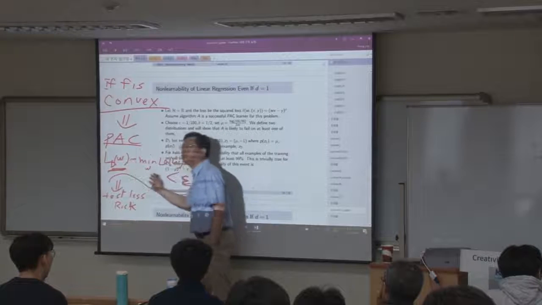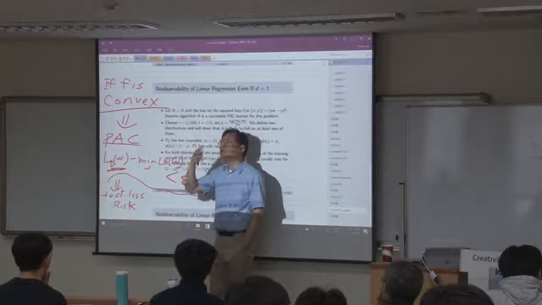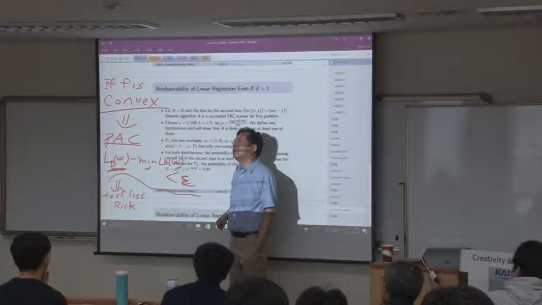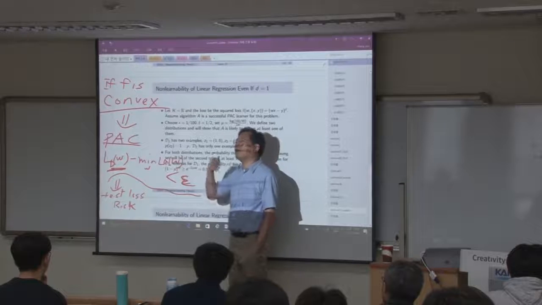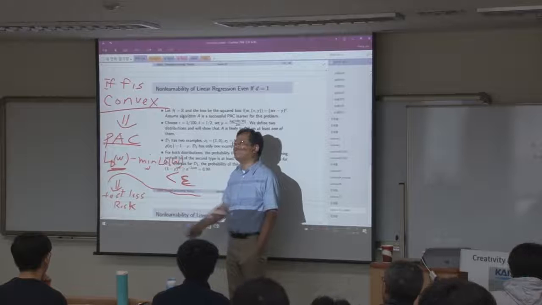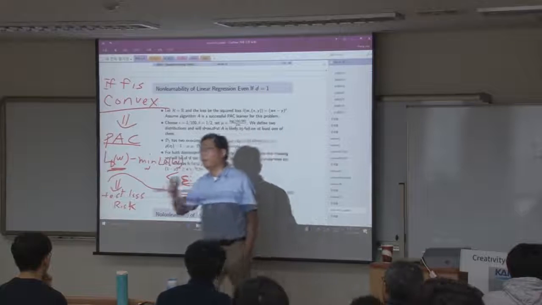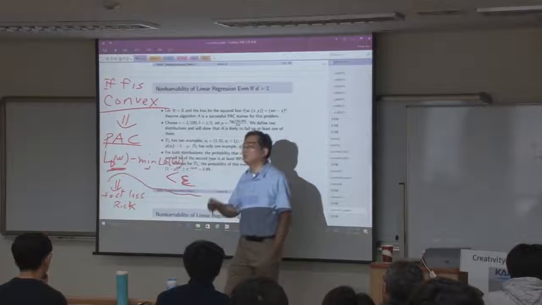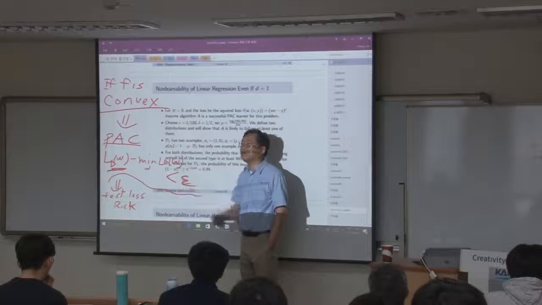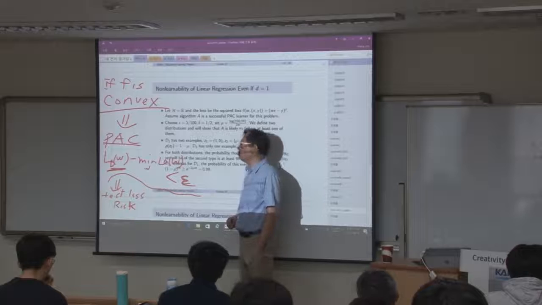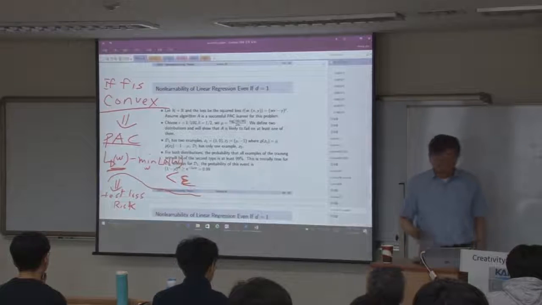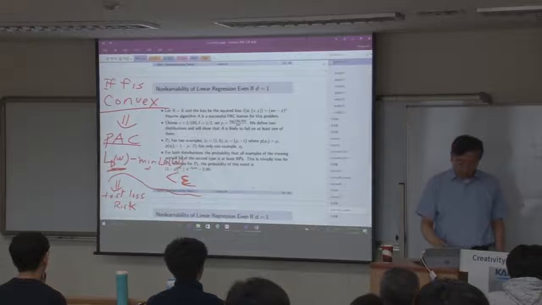This is true with probability 1 minus delta when our data is at least bigger or equal to the n. And that n was the sample complexity, right? Okay, everyone understand that? This is PAC learnable.